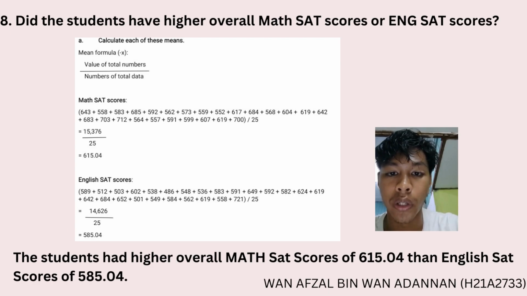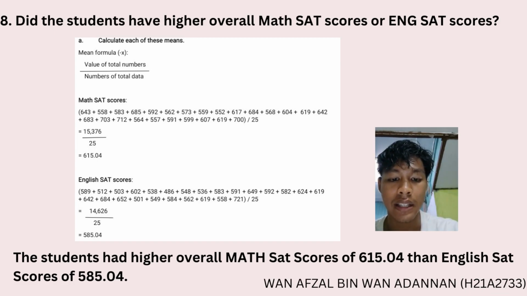Did the students have a higher overall math SAT score or English SAT score? First we calculate each of the means, where the formula is the total of the values divided by the number of total data. For the math SAT score, I add all the data given and divide by 25. The answer is 615.04.